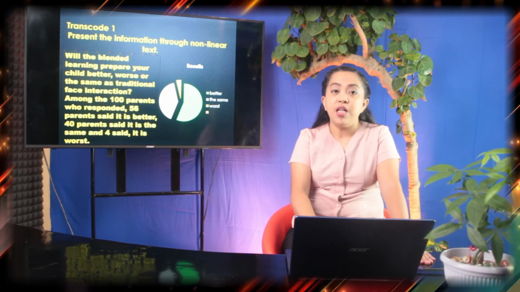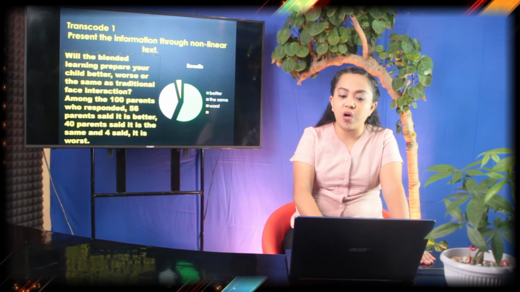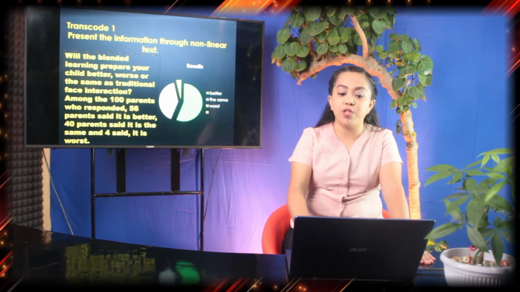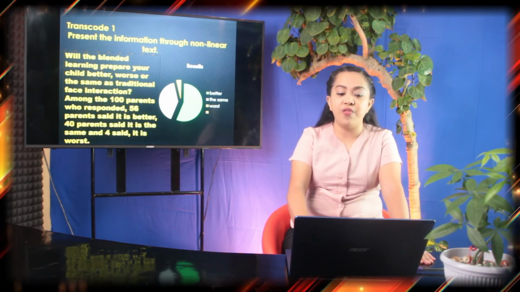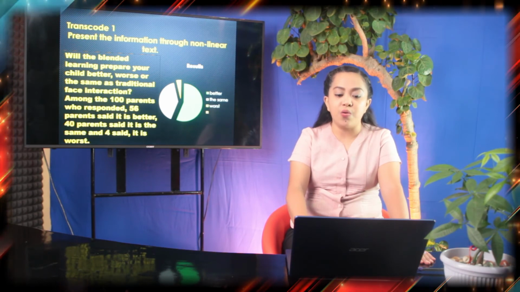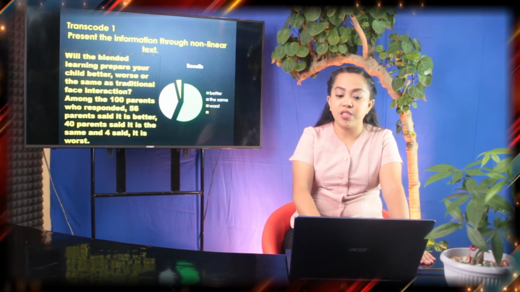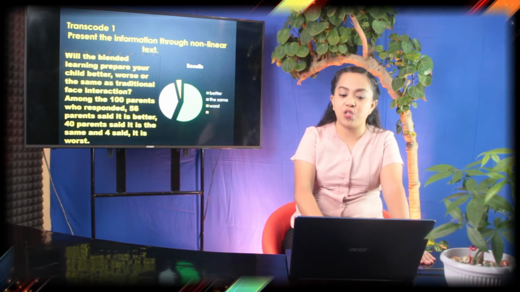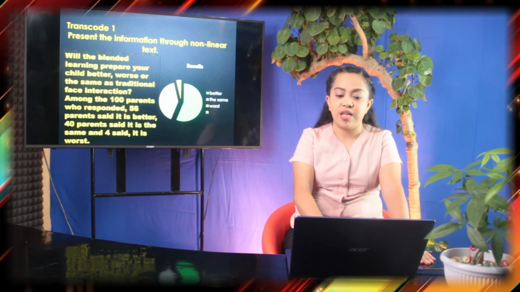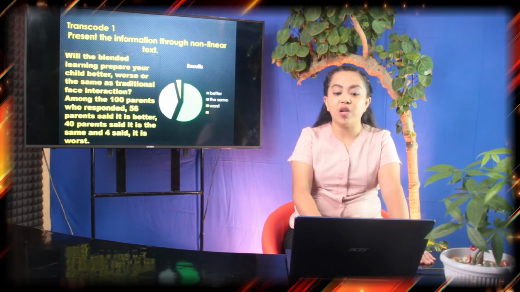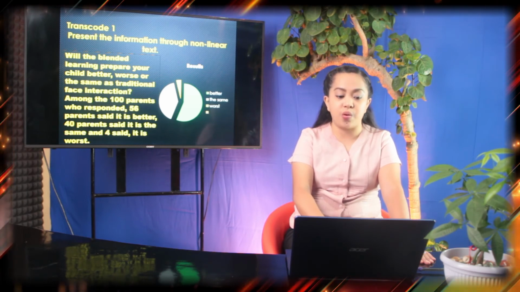As you can see in the result using a pie graph or pie chart, the green color, or the better response, got the biggest slice, which has a result of 56, while the red, or the same response, got the second biggest slice of the pie chart, which has a result of 40 responses. Lastly, the yellow part got the smallest slice of the pie. It had 4 responses only.